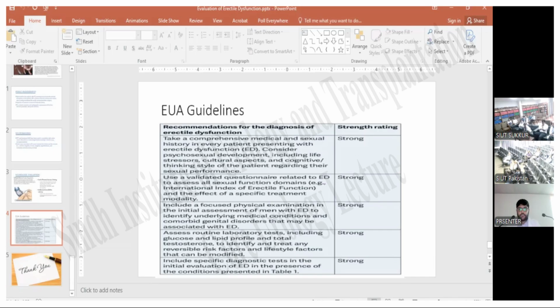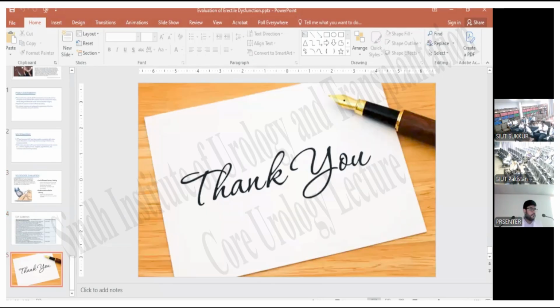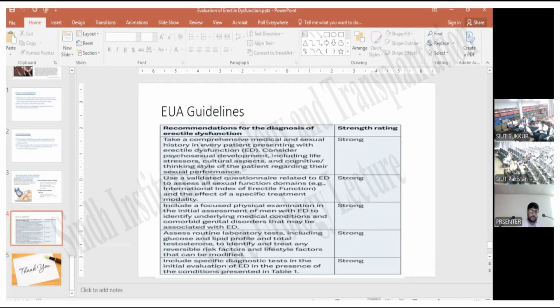Include a specific diagnostic test in the initial evaluation of erectile dysfunction in the presence of the condition. A thorough history and evaluation should be done with the understanding that this is a complex condition with vascular and neurological involvement, and because of that, multiple comorbidities can be involved in erectile dysfunction. So just treating the erectile dysfunction is not enough, but the cause of it also.